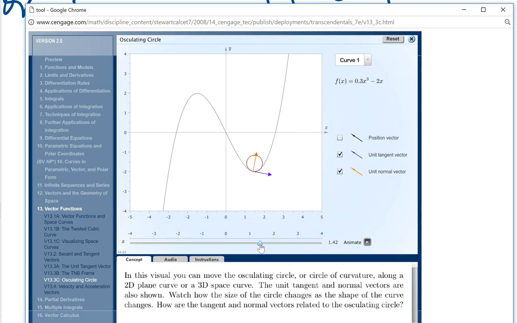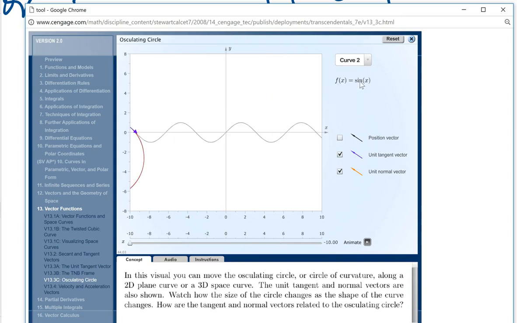So I would invite you to play around with this. This is in the media, of course. There's more of these. That's another one. Yeah, this one's kind of interesting. It's like a little sine curve. So yeah, these circles like this. Okay, so play around with that a little bit.